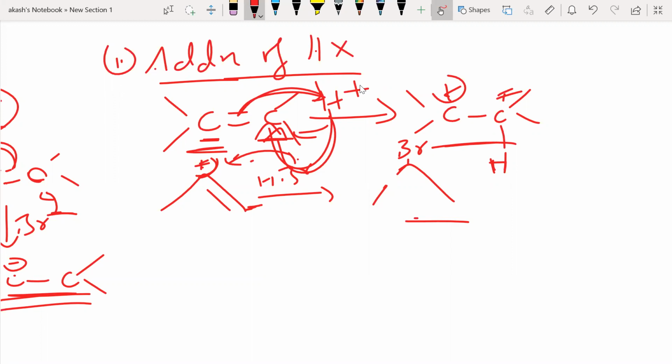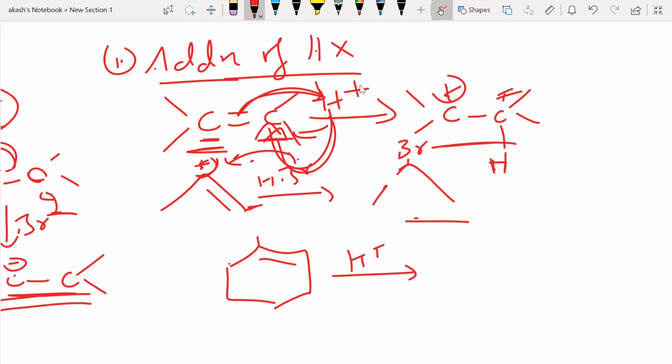Say for example, let me give you this case. Say I have a double bond here. So you easily know that you have to form a carbocation here, correct? Say H plus comes.